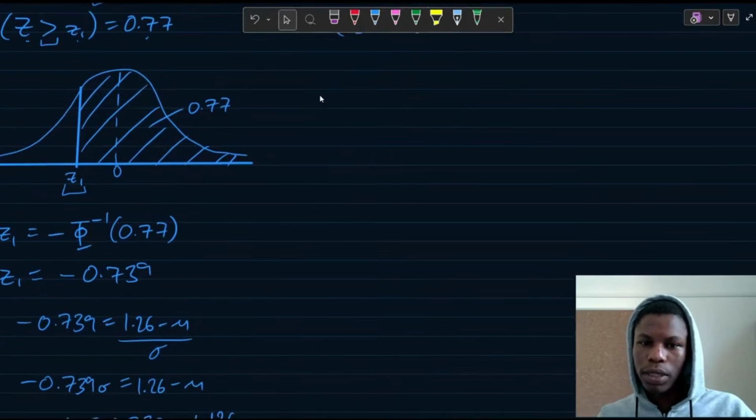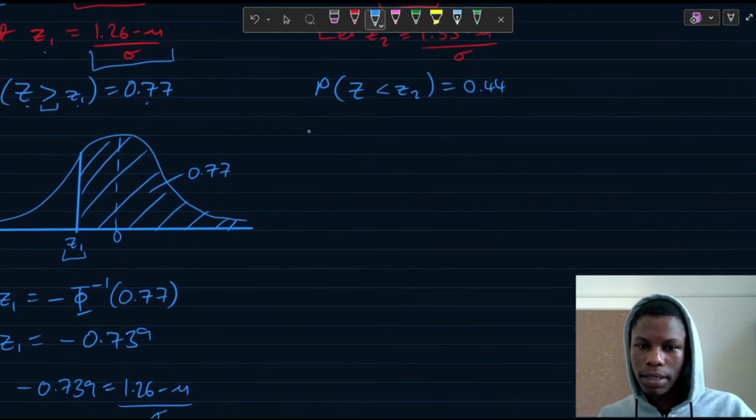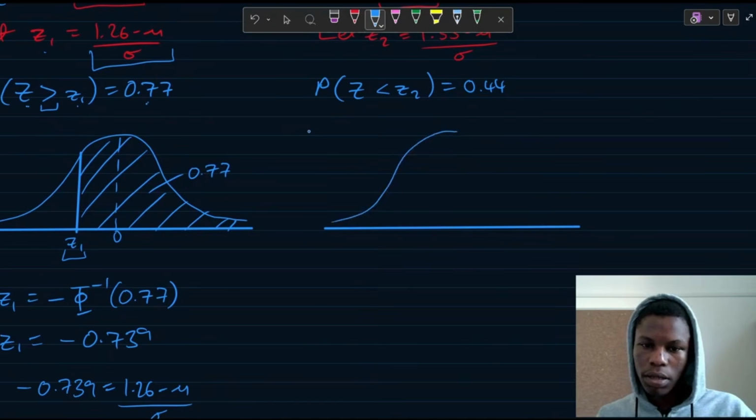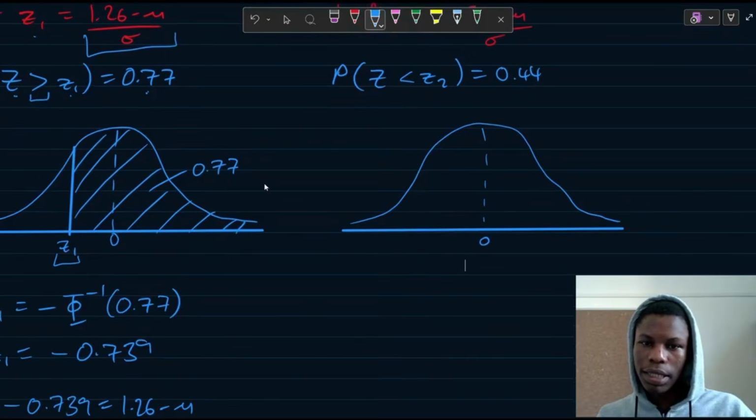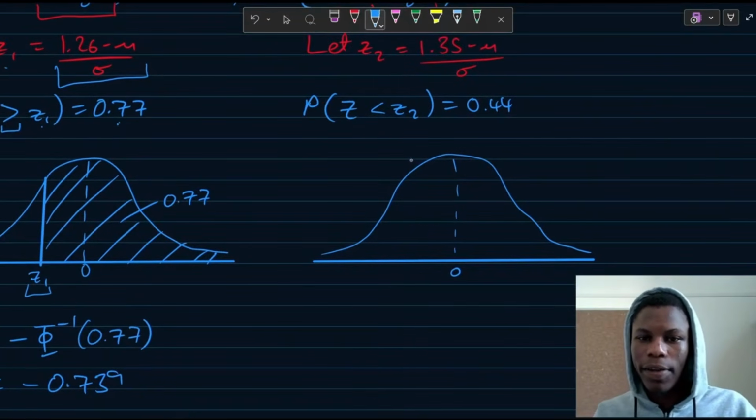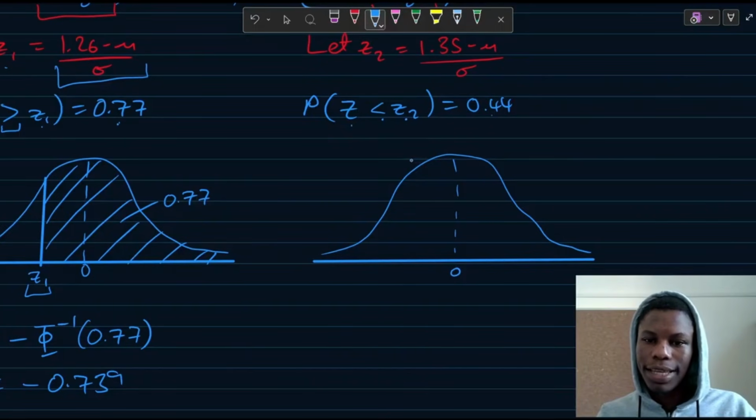And we also want to sketch a bell curve for this. And that is going to be 0. And here what we are saying is that the area to the left of Z2 is 0.44. So the area to the left of Z2 is 0.44.